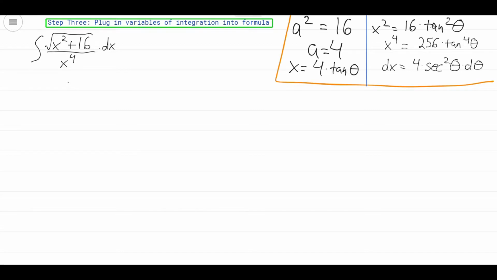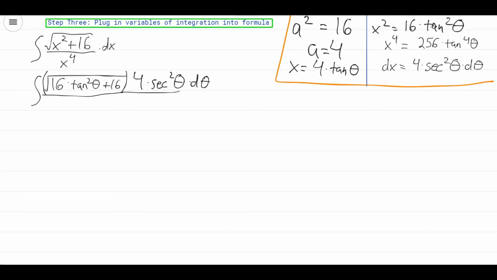Now we're going to plug them in, for x squared, for x to the fourth, and for dx. For x squared plus 16, we can leave the plus 16 since that's technically our a squared. For x squared, we're going to plug in 16 tangent squared theta, plus the 16 that's already there. For dx, we're going to plug in 4 secant squared theta times d theta.